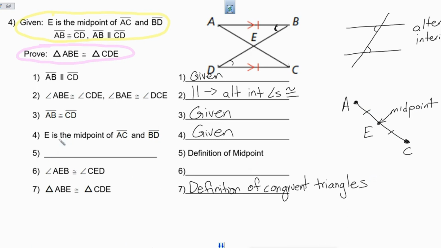So that means that segment AE is congruent to segment CE. Now, we didn't just know about segment AC, we knew about segment BD, and E being the midpoint of that as well. So that means that segment BE and segment DE are congruent to each other also.